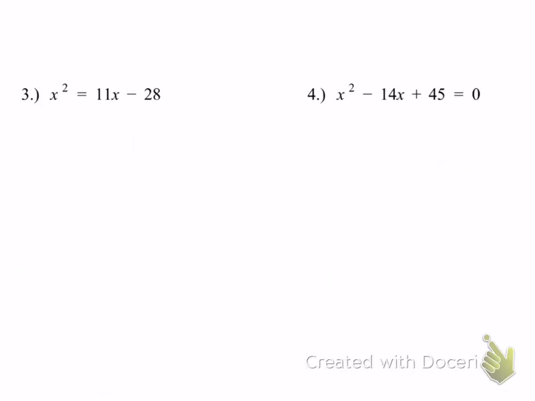Okay, next one I'm looking at. That one's weird because I want it in the form of ax squared plus bx plus c equals 0, or equals y.